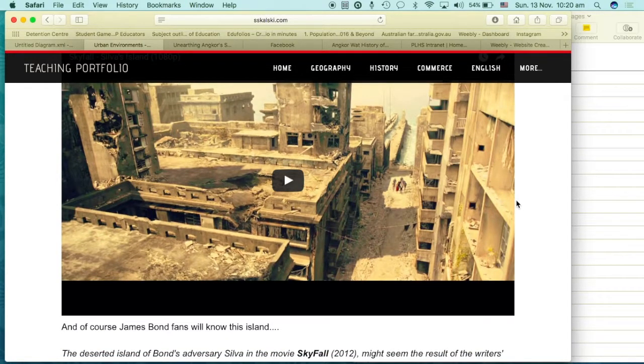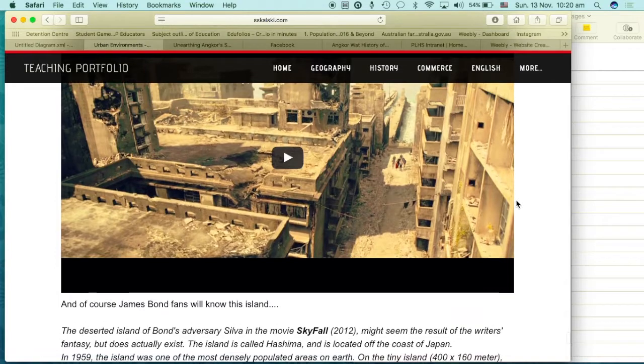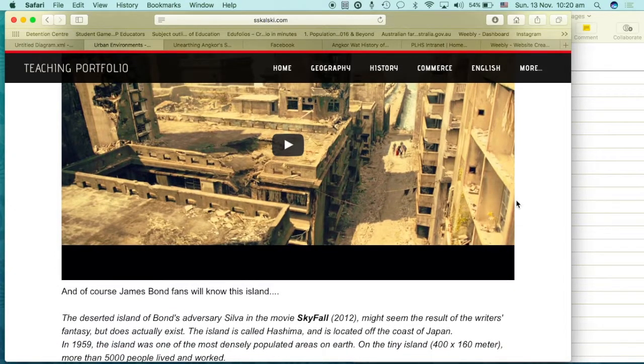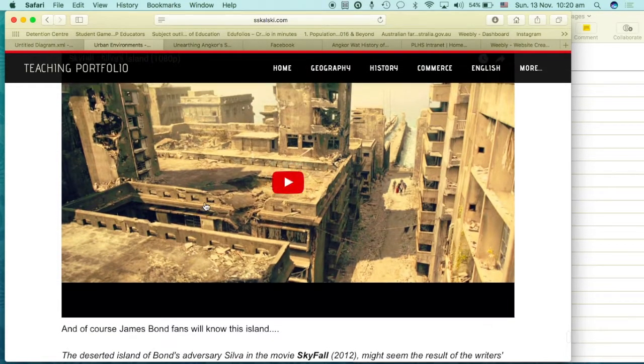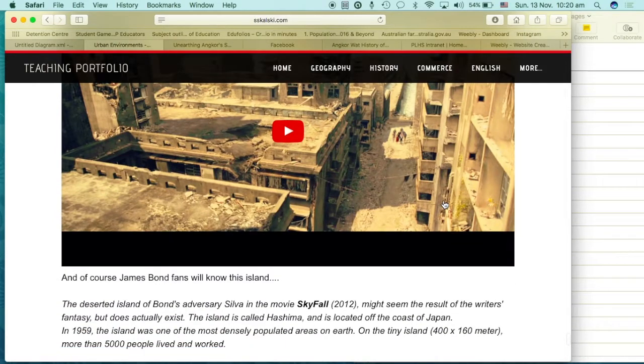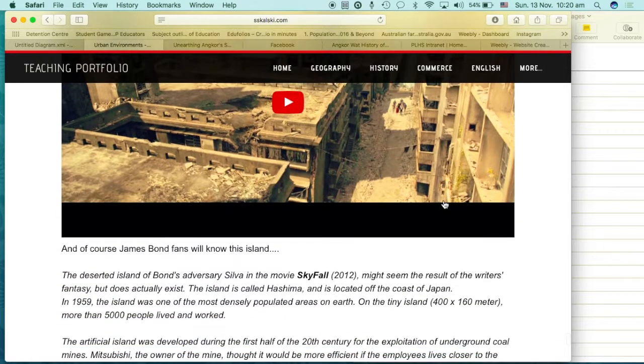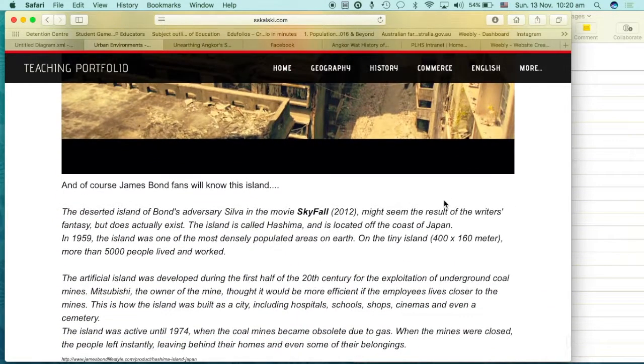So when I started looking into it, it transpired that it actually was a real island, and for the most part looks like this, but the cause of why it was abandoned was different from James Bond.